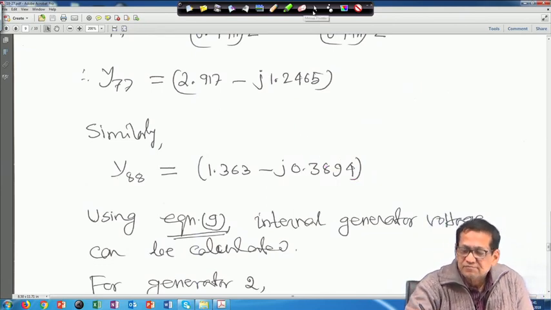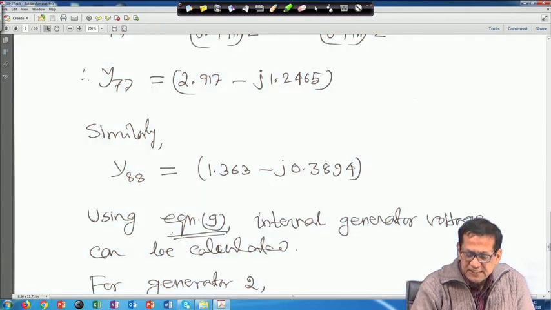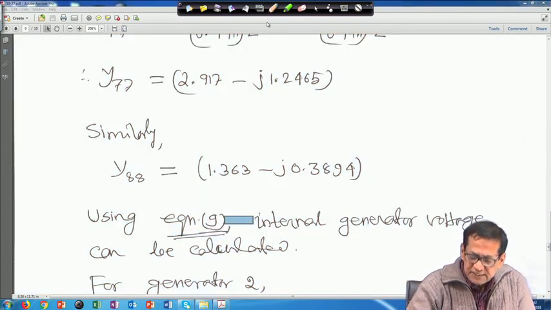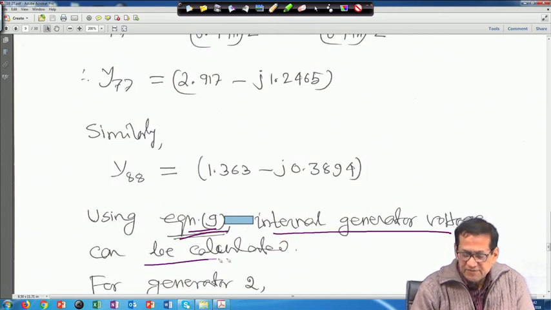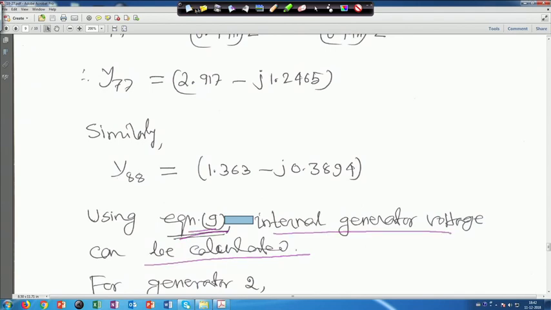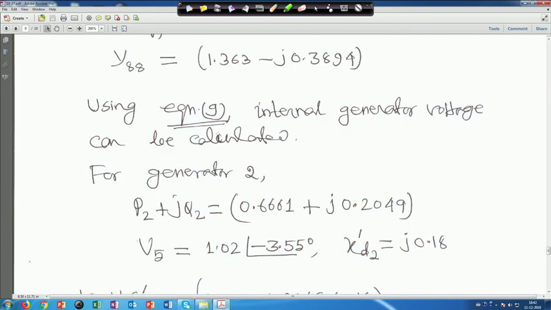Now, using equation 9, the internal generator voltage can be calculated. That means we have to compute E1, E2 and E3. Equation 9 is already derived.